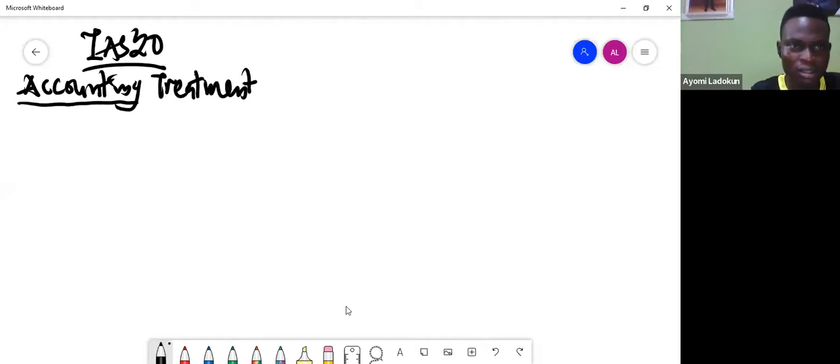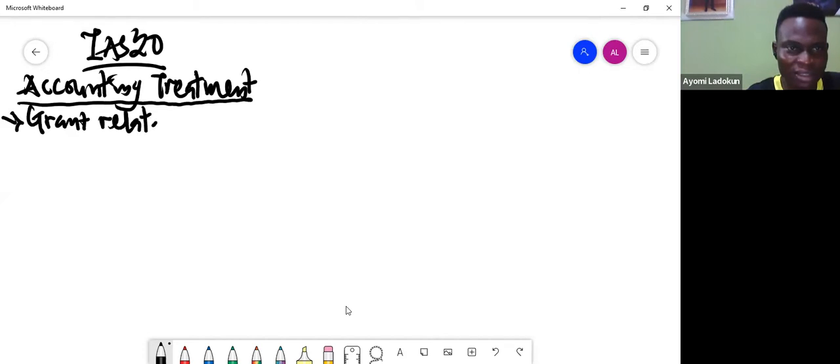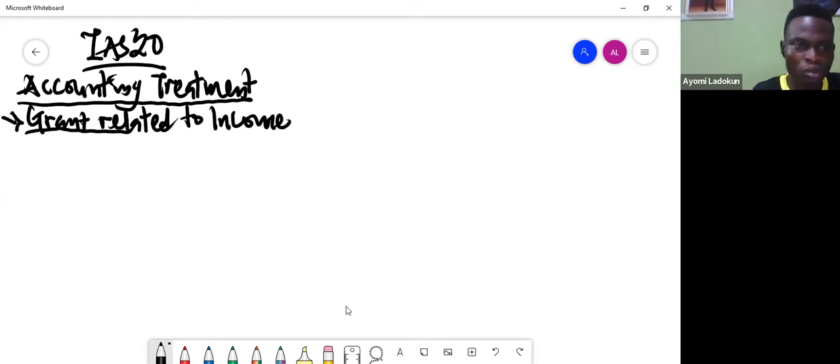Now, we said we have two types of grants. Can you remember? Number one is a grant related to income, if you can remember. Grant related to income. So what is the accounting treatment for grant related to income?